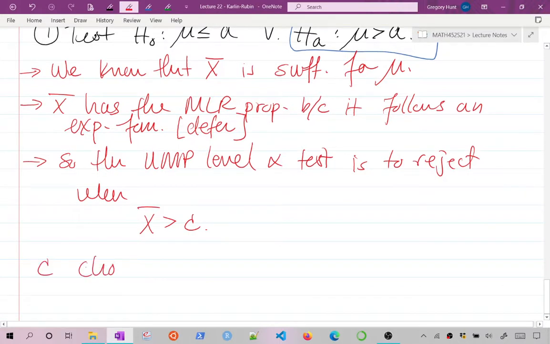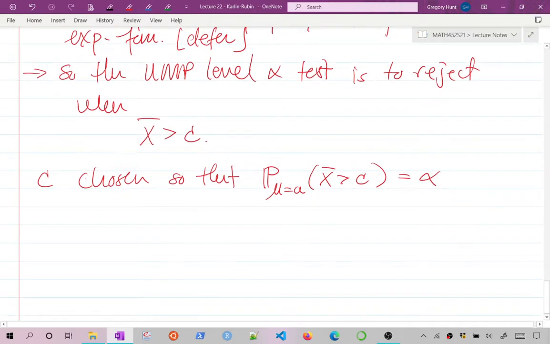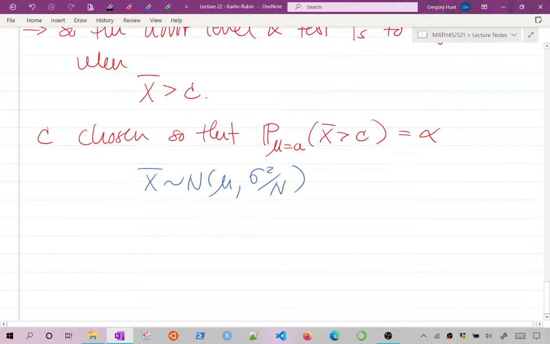C is chosen so that the probability when theta, or I'm sorry, in this case we call it mu, when mu is a, of rejecting, that is when x bar is bigger than c, is alpha. Well, x bar has a normal mu, sigma squared over n distribution, right? And so here's what that thing looks like.